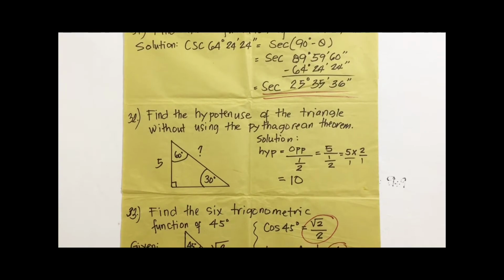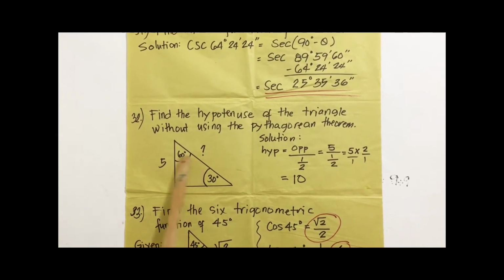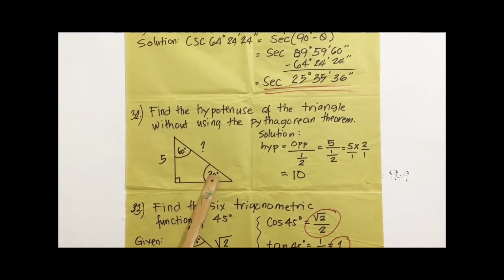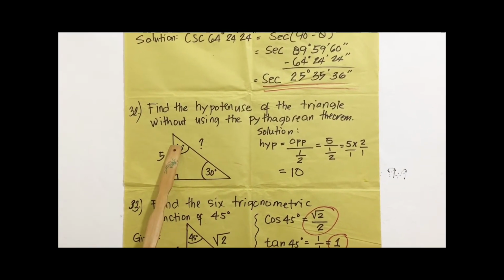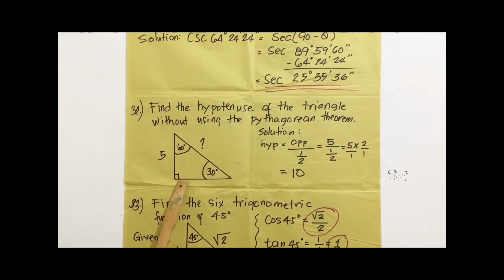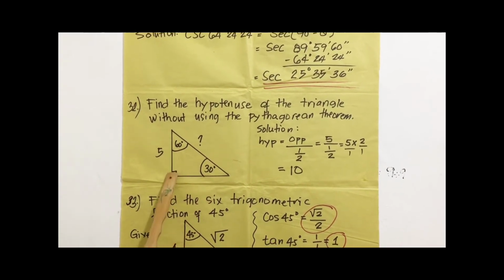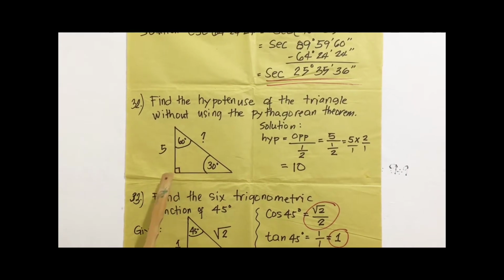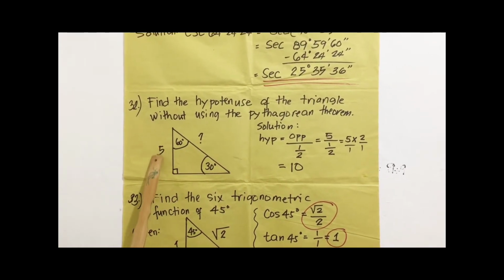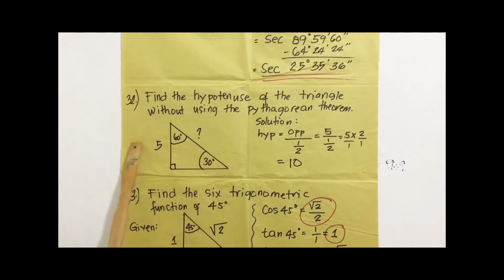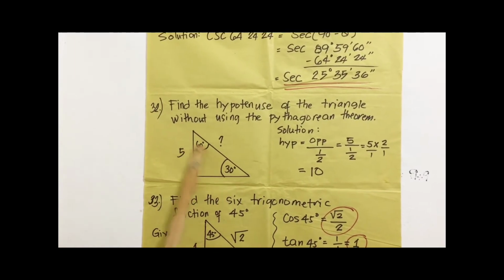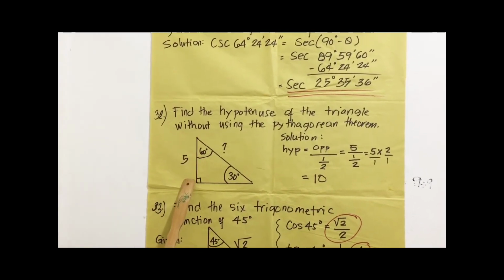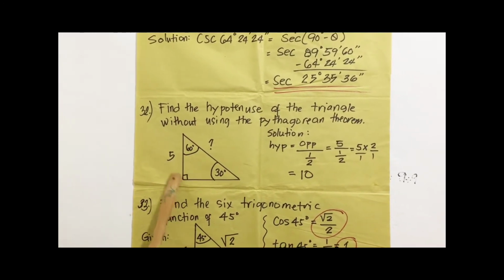This time, since the given is a 30-60 special triangle, with a 30 degree acute angle and a 60 degree acute angle, and the given side is 5, the side opposite this 30 degree angle is 5. This leg of the triangle is 5.